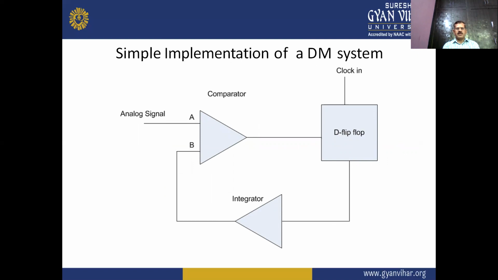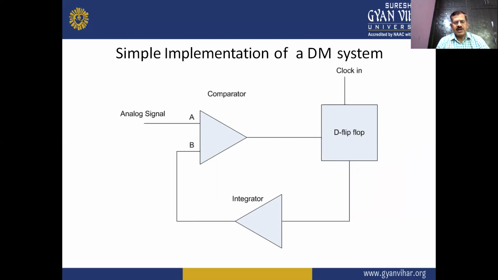There is a simple implementation of the delta modulation system. Here there is a comparator, an integrator, and also a flip-flop device. We apply the analog signal to the comparator, and one signal is applied from the integrator output.